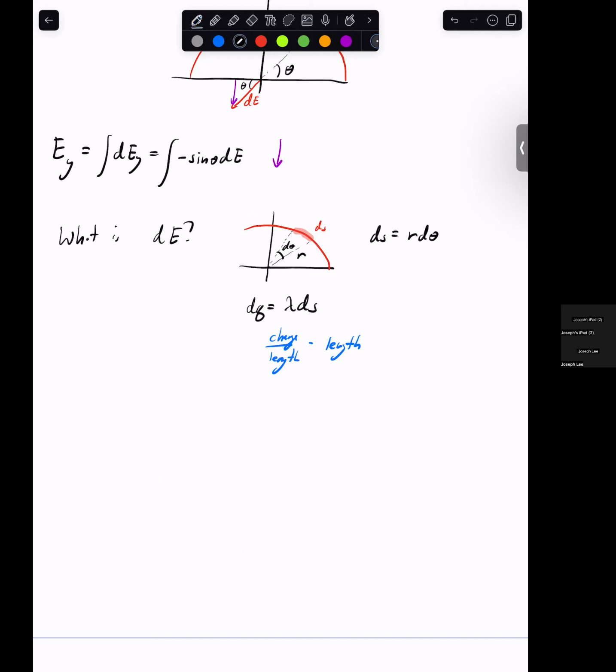But we weren't given lambda in this problem, so we should figure out what it is. Remember that lambda is charge per length. So in this case, it'll be q over pi r. The reason it's pi r is because we use the length of the arc that we're dealing with. So this entire half ring is length pi r because it's half a circle, and a full circle would have circumference 2 pi r.